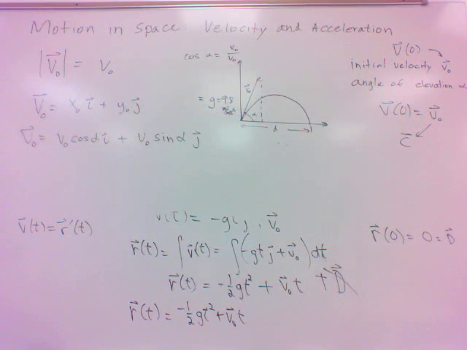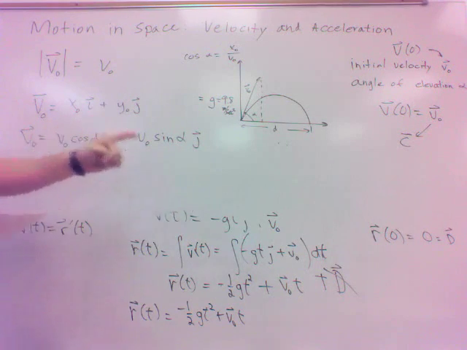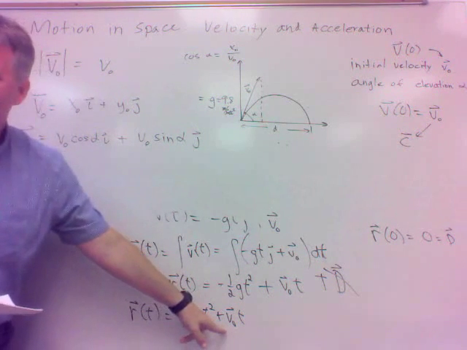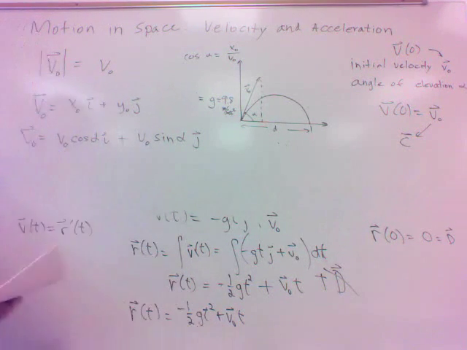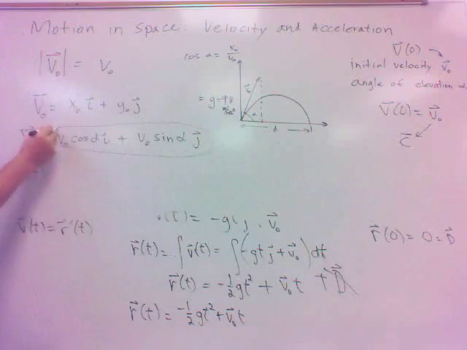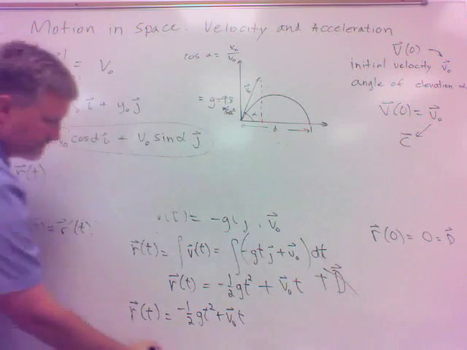All right, so if we make that substitution for v0, the vector down here, let's write r of t. I'm just going to plug this in for the v0 right here.